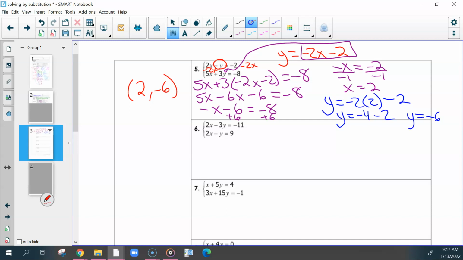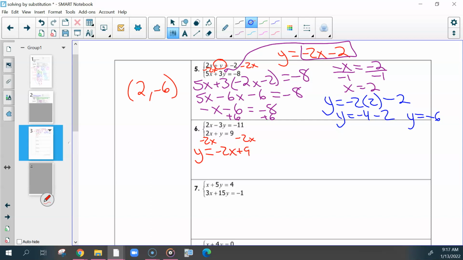For number 6, I want you to walk me through how I would do this. Good, go ahead. Start with the bottom. Okay. Minus 2x on both sides. And start with the equation that equals y equals negative 2x plus 9. Okay.